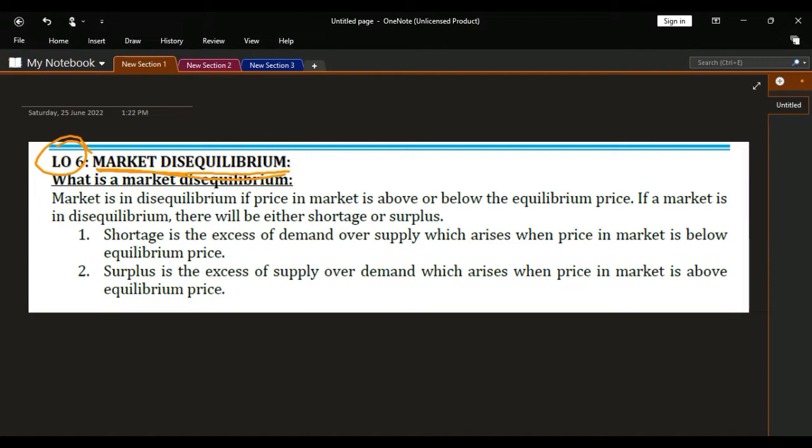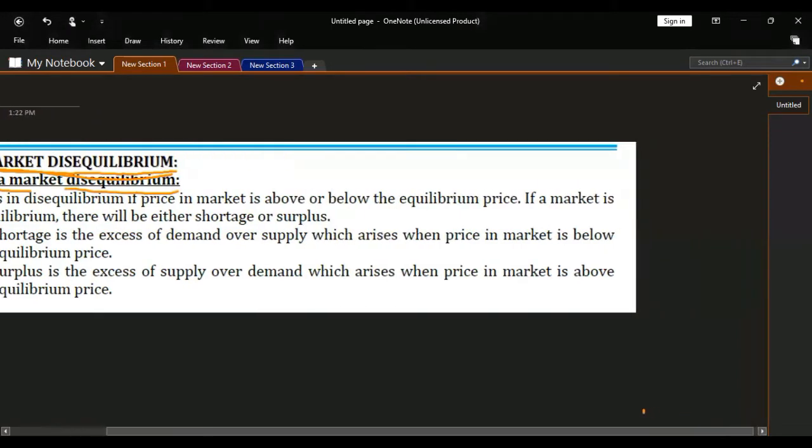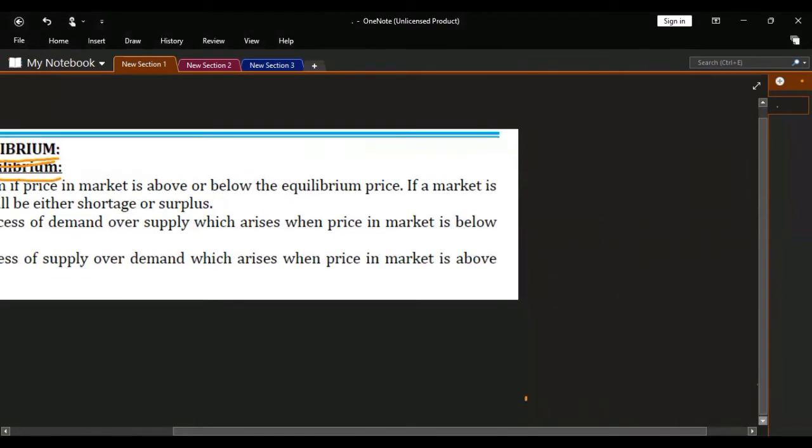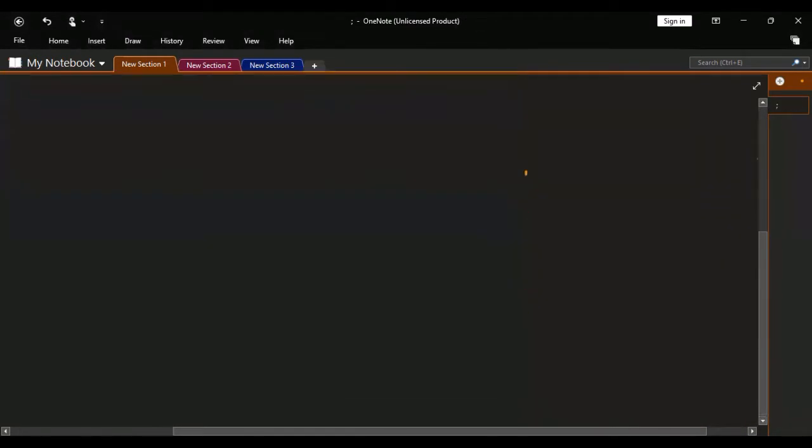Let's start the class. What is market disequilibrium? We have studied in our previous class what is market equilibrium.